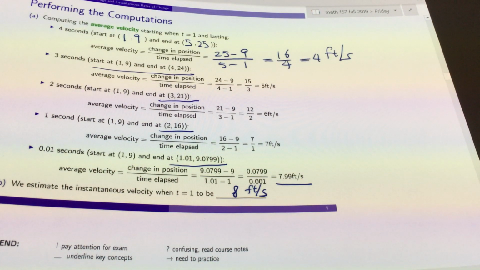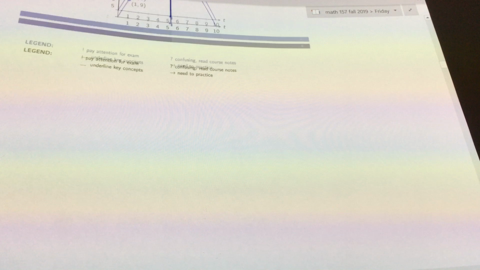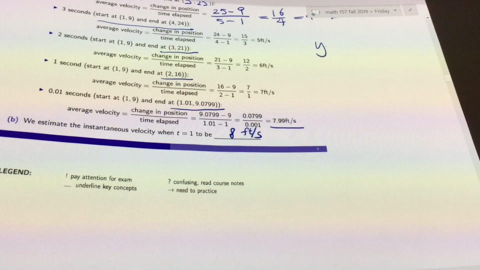But this is just numerical data, which suggests an approximation. Let me give you the function: y equals 10t minus t squared. The 8 actually comes from this being my f of t.